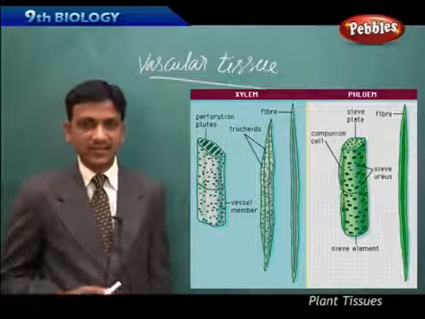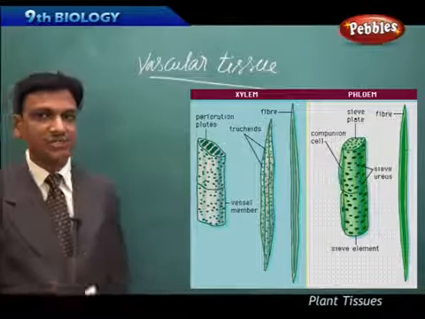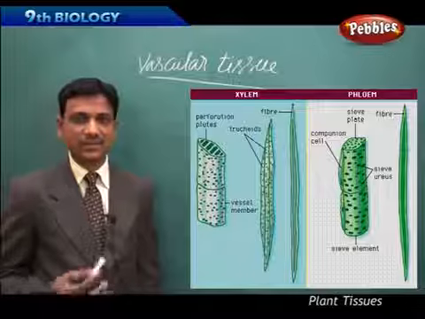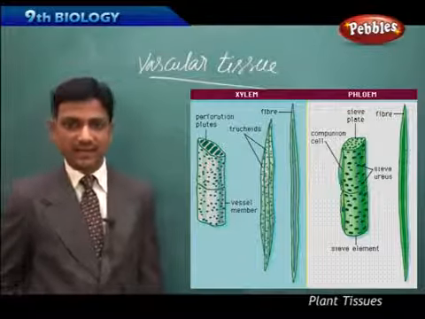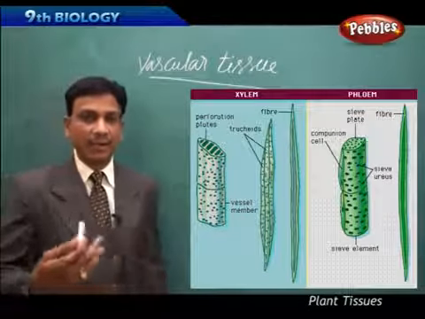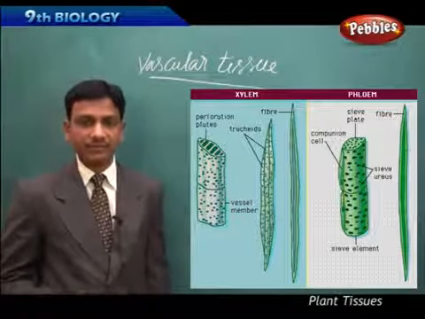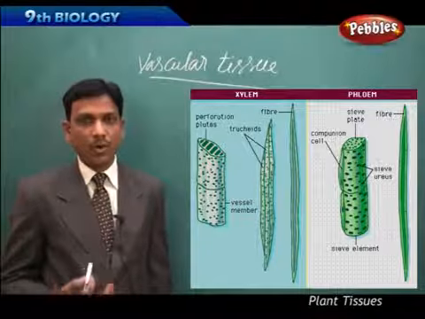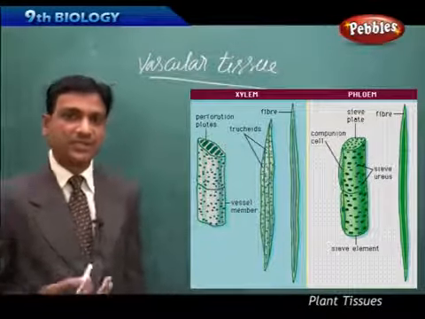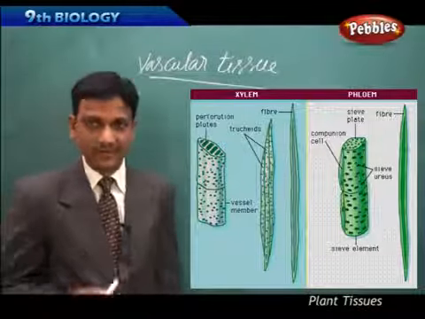In plants, the vascular tissue plays a major role in transportation of materials. Plants have different parts and they need materials to be distributed among them. Plants need water and minerals. The root absorbs the water and minerals from the soil.